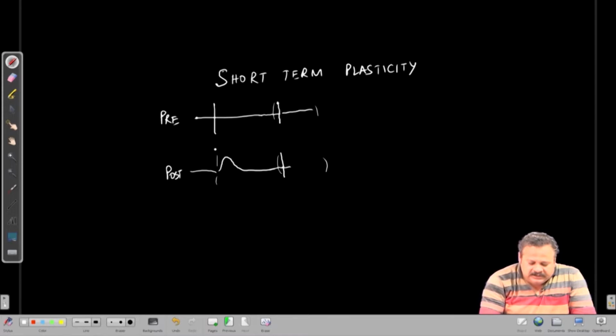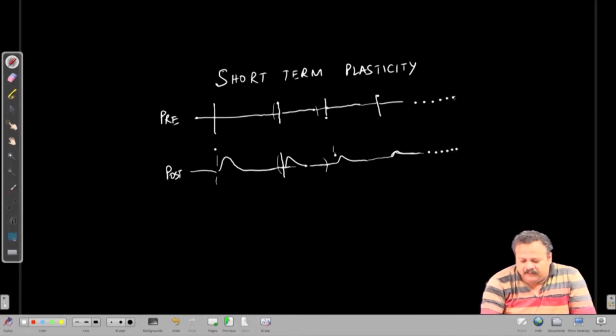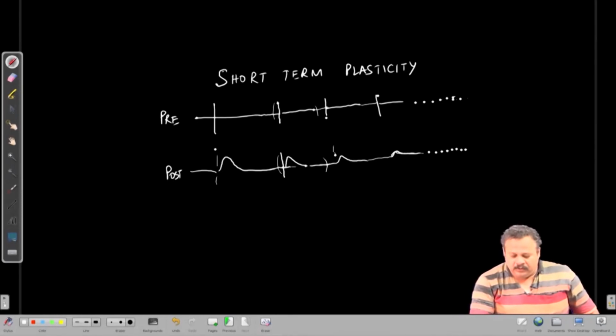and what we can see is that the synaptic strength may reduce here, and then with another spike the synaptic strength may reduce even further, and with another spike the synaptic strength may reduce even further, but after a delay of undisturbed period, we do the measurement again with a presynaptic spike.